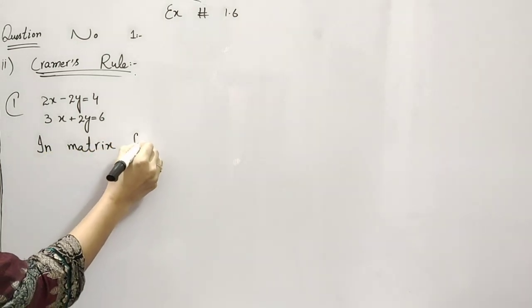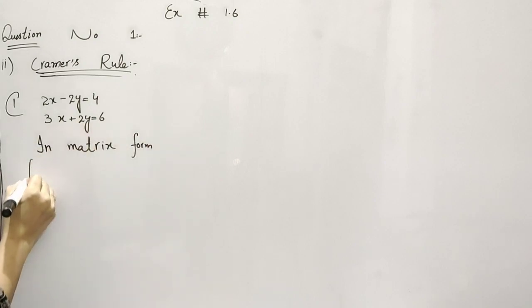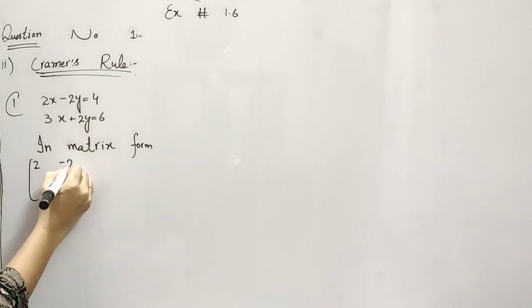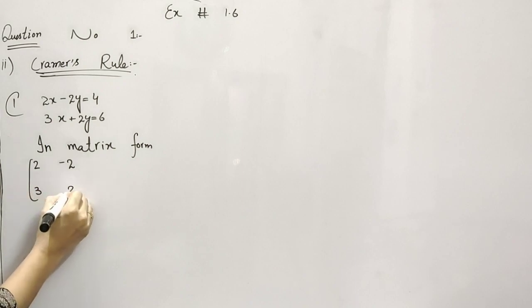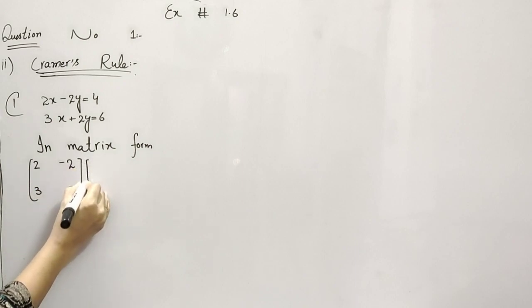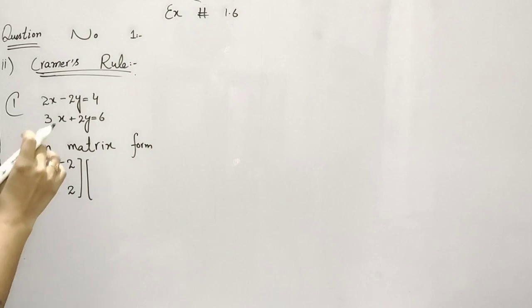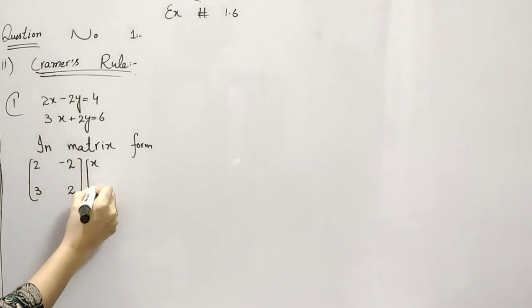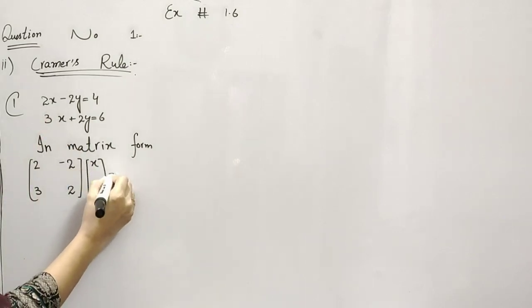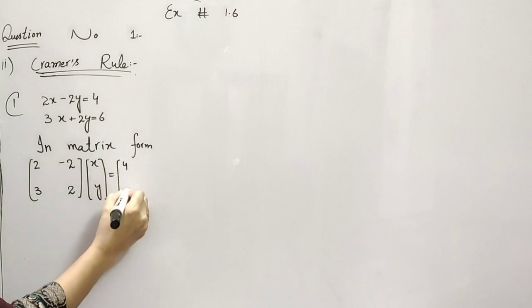So in matrix form, it will be equal to [2, minus 2; 3, 2], and the variables involved in these equations, x and y, and this is equal to [4; 6].